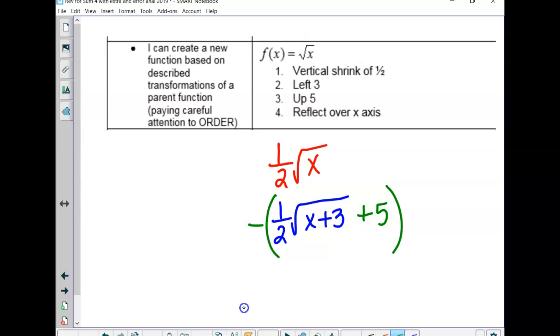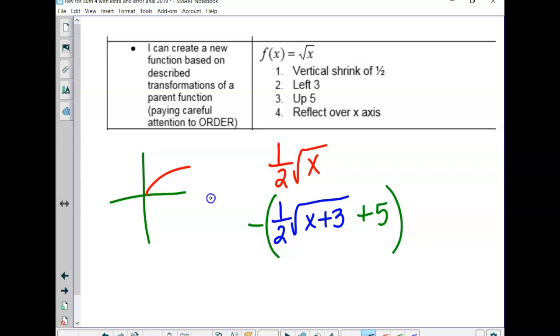I don't think I put it that hard on the quiz, but the only way to reflect that over the x-axis after a vertical shift is to put the whole thing in parentheses. Okay, because the order again, here was the parent function.